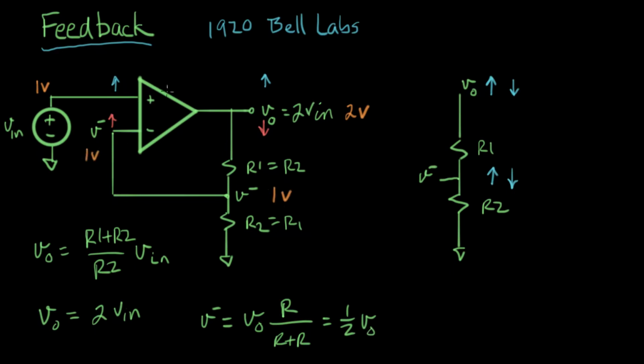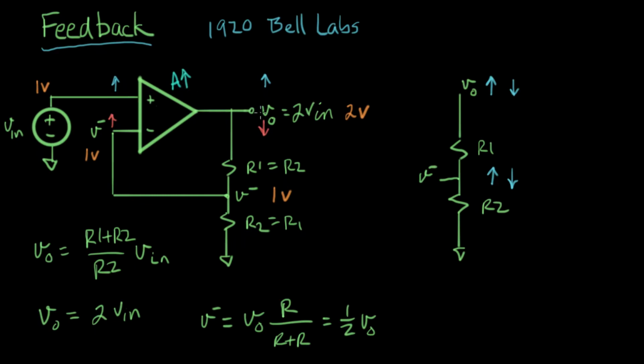So let's say for the moment that something happens to this circuit, like we heat it up or something like that. And let's say the gain A goes up a little bit. Now what that means is that this amplifier, which is amplifying this voltage difference right here, is going to be a little higher.